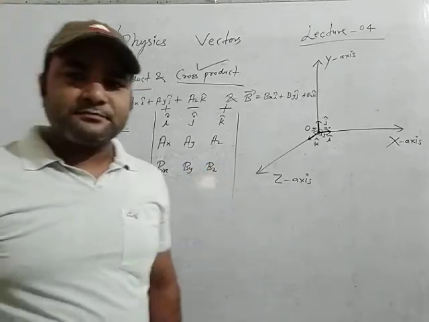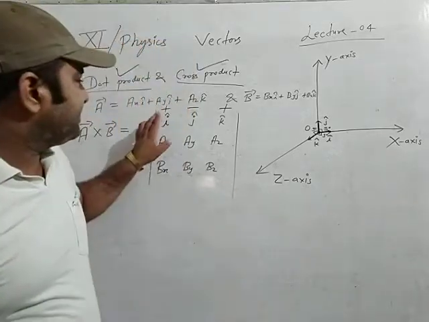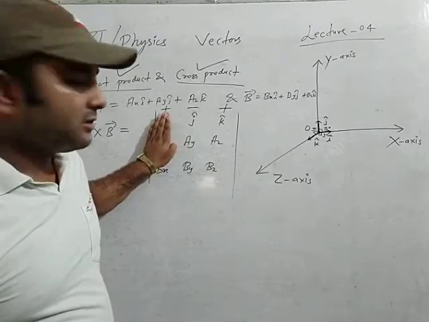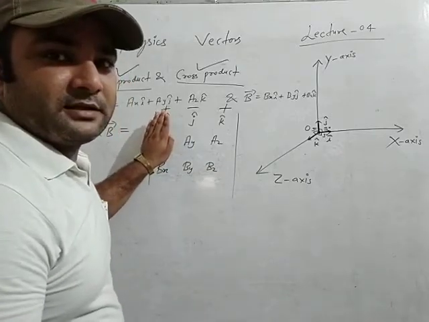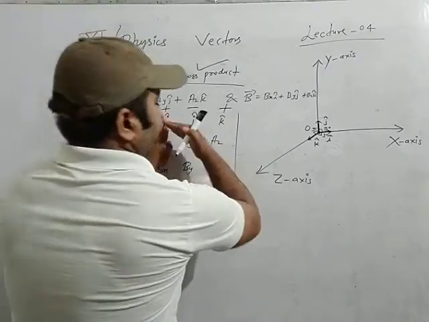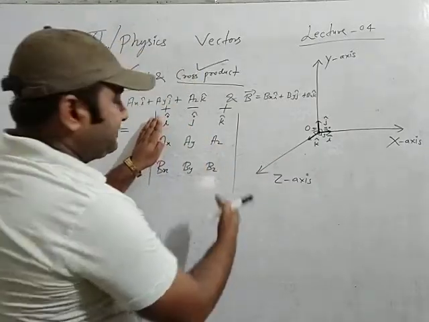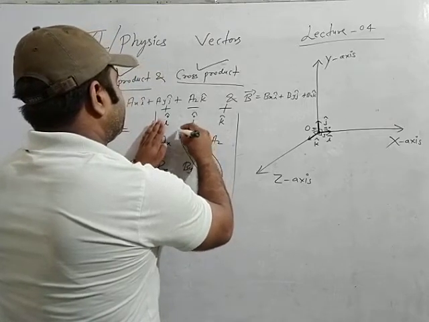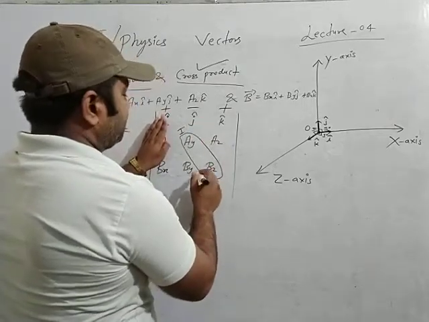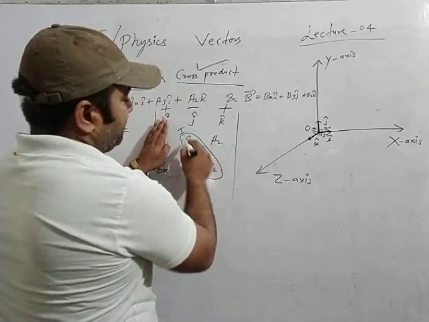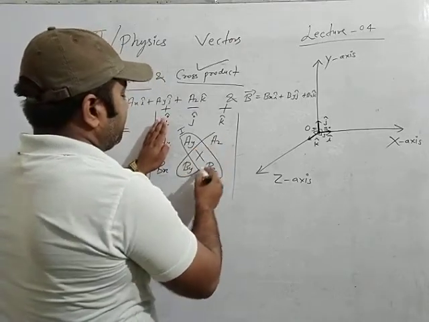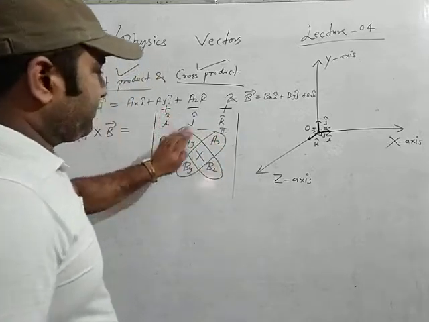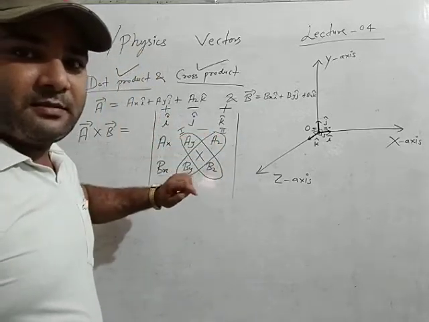In this way, always remember when you are taking i, you have to close this column, and multiply in such a way that, according to the right hand, first multiply Ay to Bz. Clear? First multiply this one, and then this one. But after the first, you have to keep what? Minus sign. Keep the minus sign.